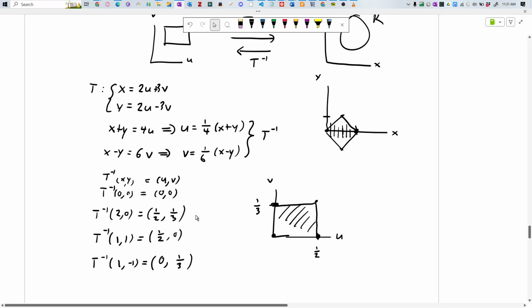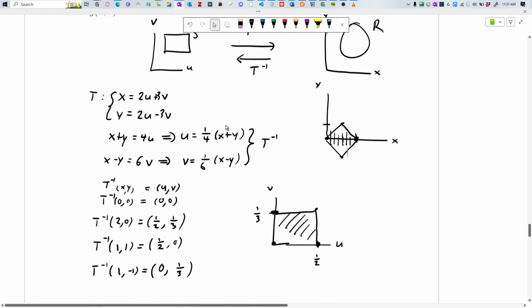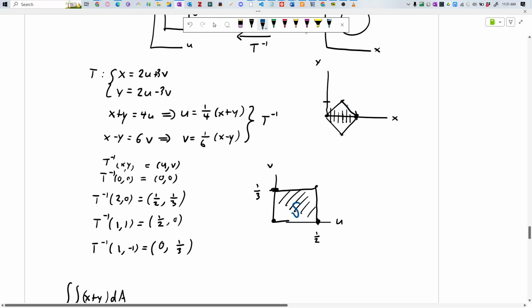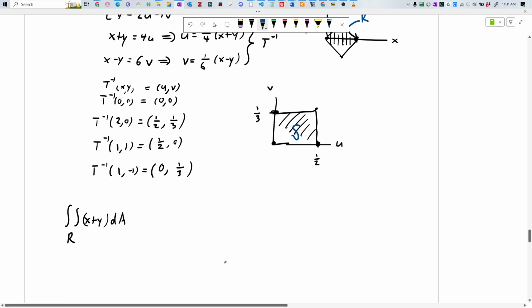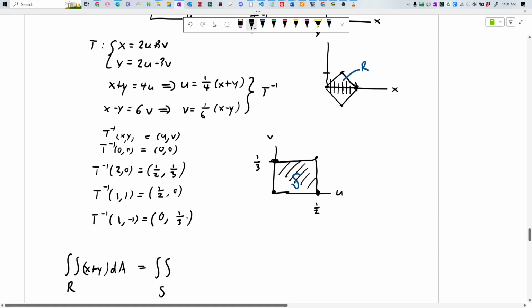Very good. Okay, so we have that. Now we need to convert this integral over this double integral of x plus y dA over the region R. So I'm going to call this guy S, and this is R. So by the change of coordinate formula, we will need to convert the function.